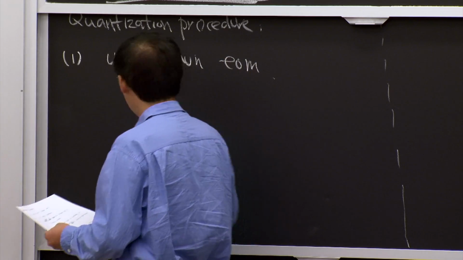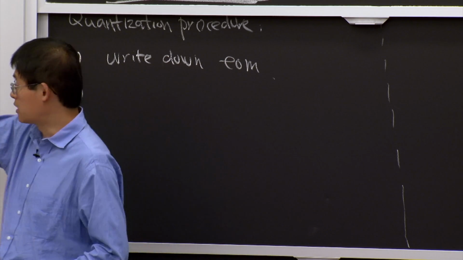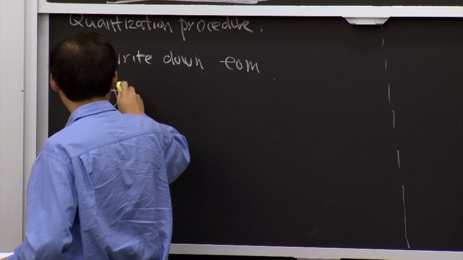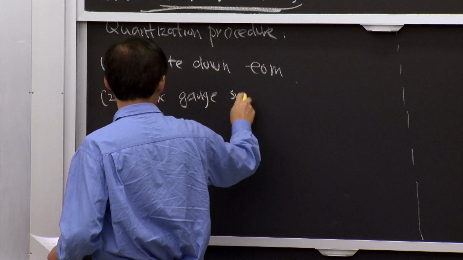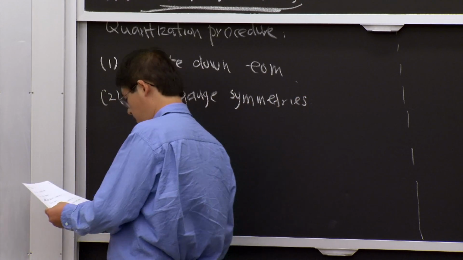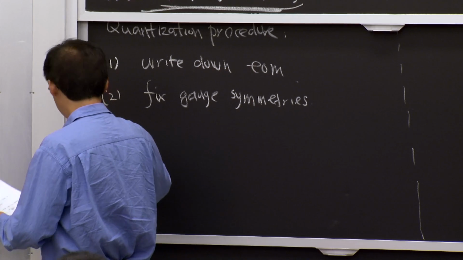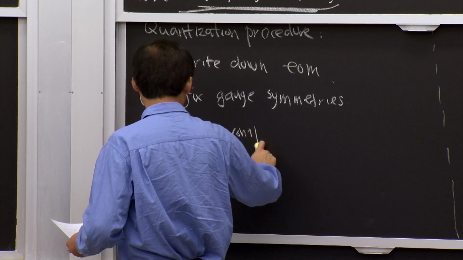And in the case where you have gauge symmetries, then we fix the gauge symmetry. And the third is find the complete set of classical solutions.